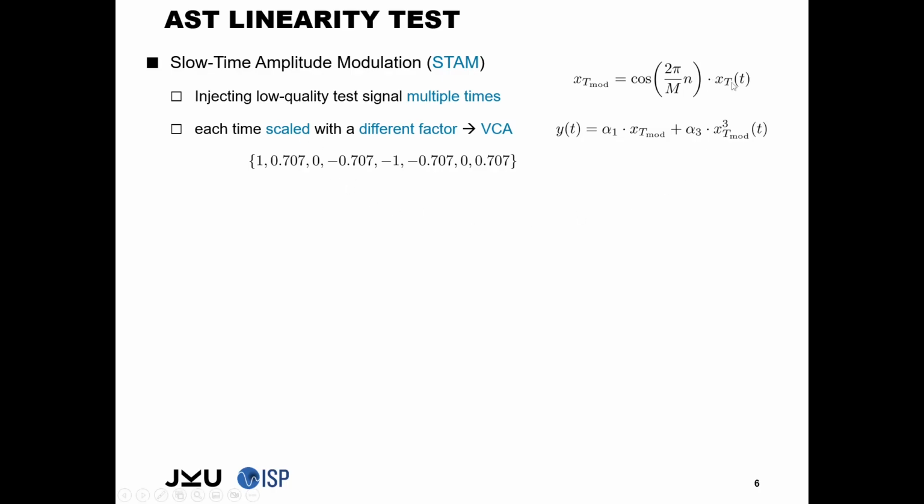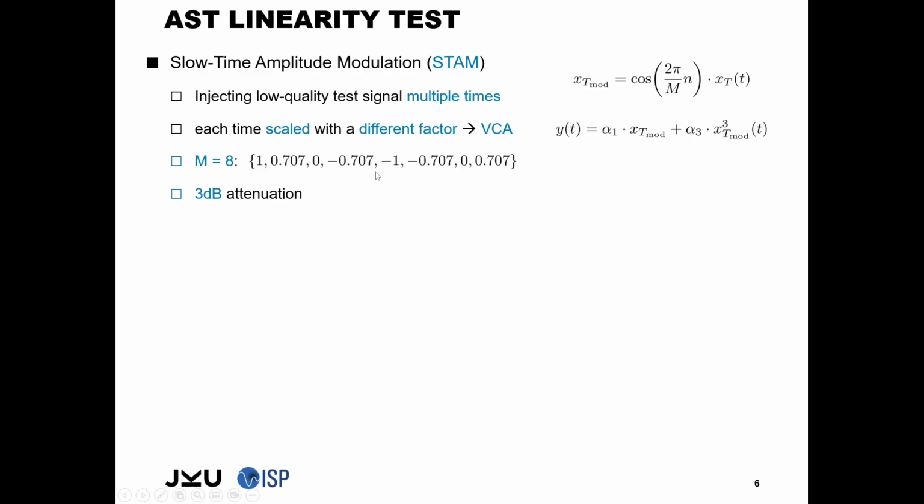And we are scaling this with m is 8 and a cosine with this following index. So we are getting these values here. And in fact, we just need one and an attenuation of 3 dB or inverted or 0.